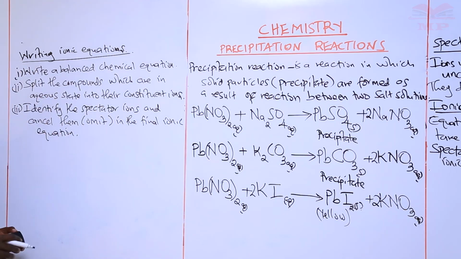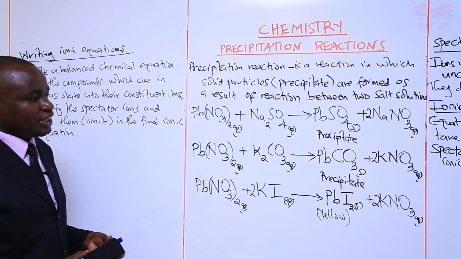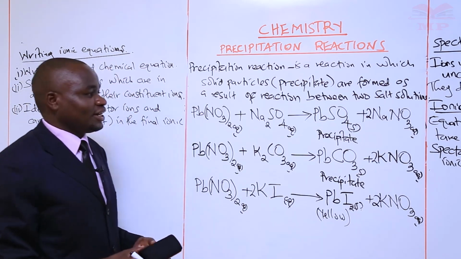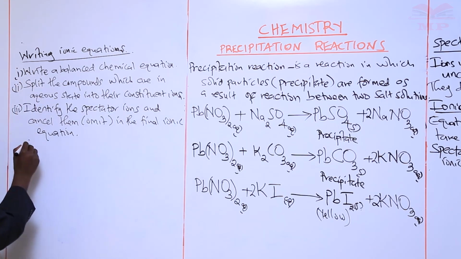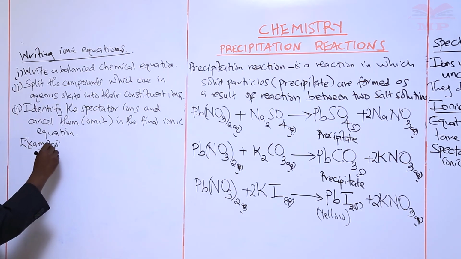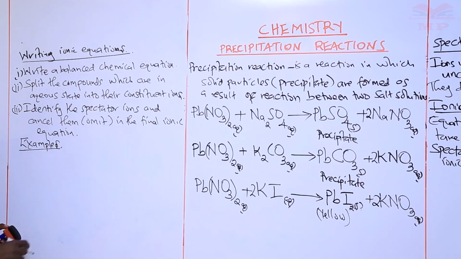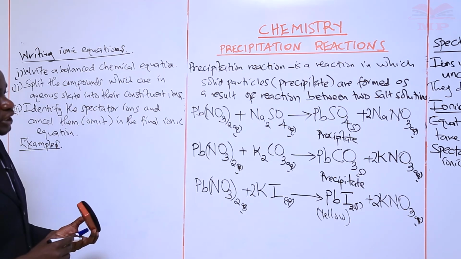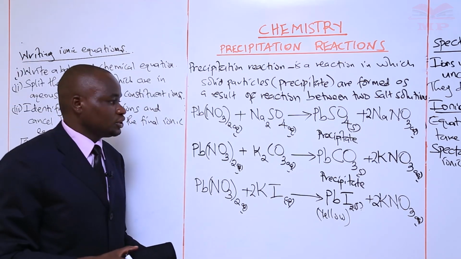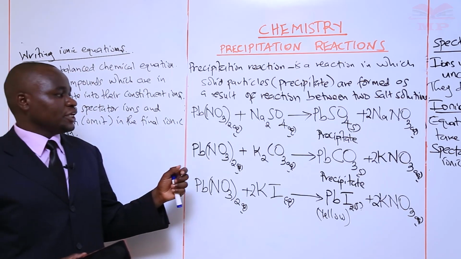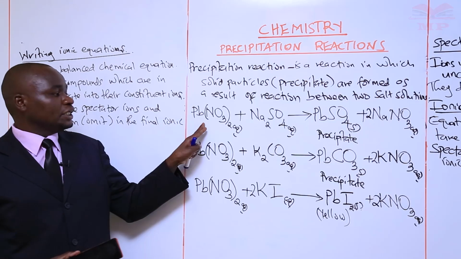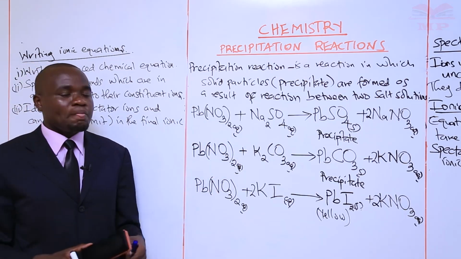So these steps will guide us in writing the ionic equation. So let us start by the first example. Remember, you are learning about writing ionic equation. We shall use those precipitation reactions so that we can get the point well. So we want to write the ionic equation for the reaction between lead nitrate and sodium sulfate.